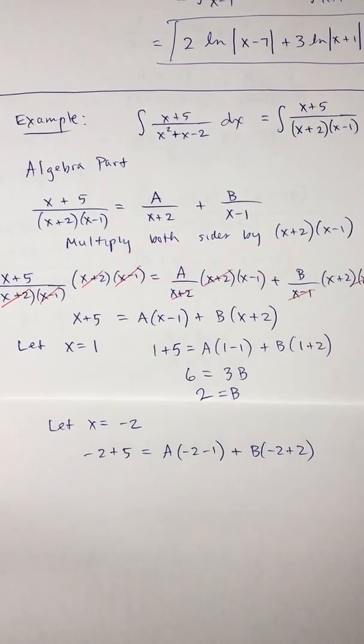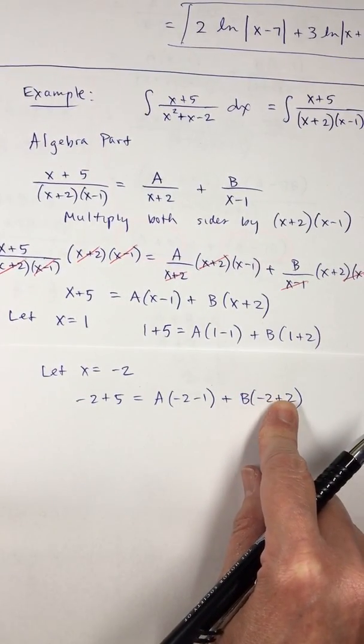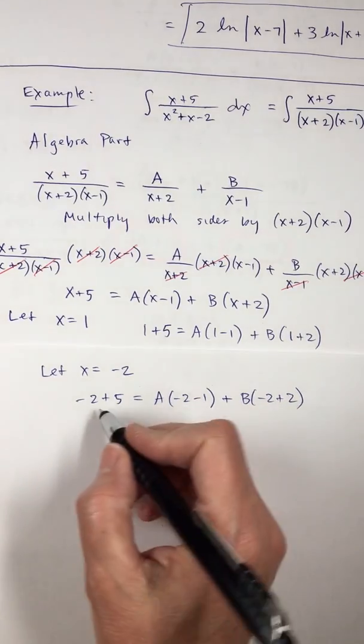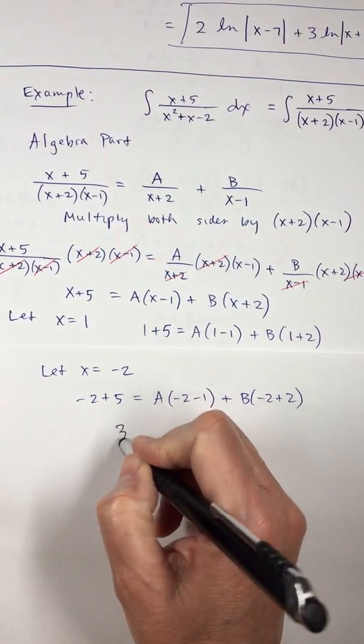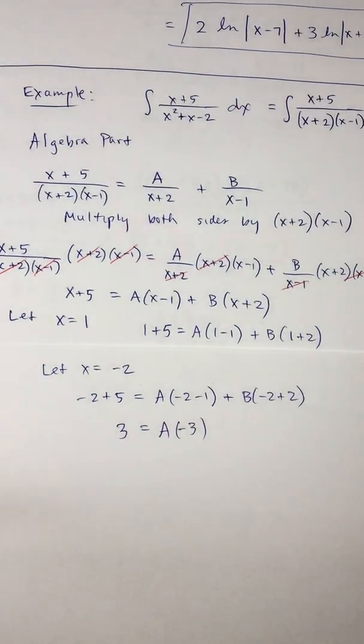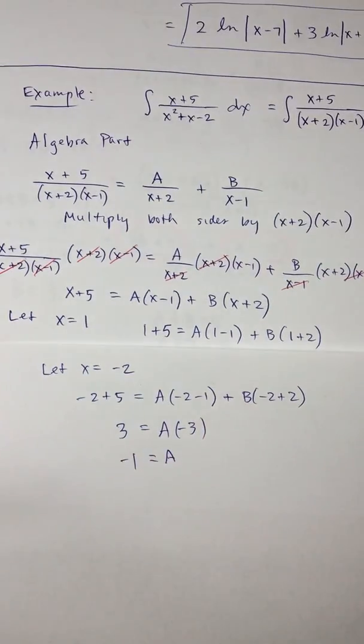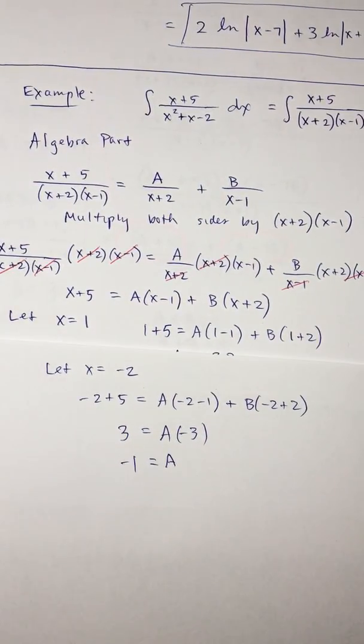So that's going to wipe out this expression where I have the b, and I'll get -2 plus 5, that's 3. 3 equals a times -3, so a equals -1. So you can use that technique sometimes for finding the numbers that go in the top of the fraction.